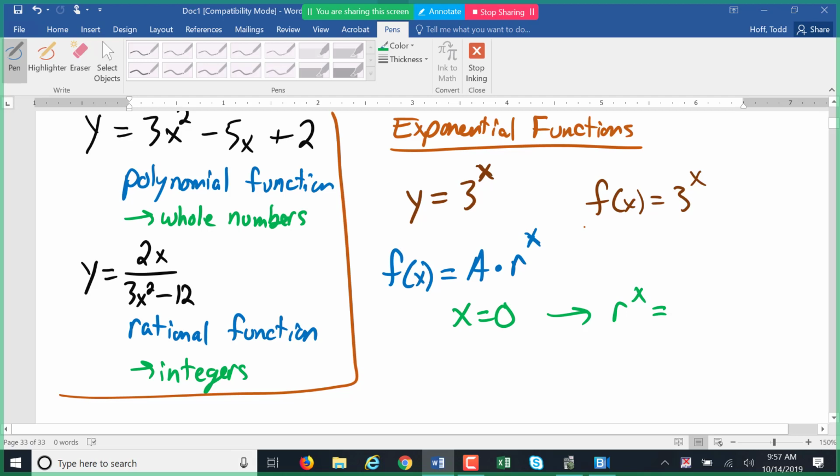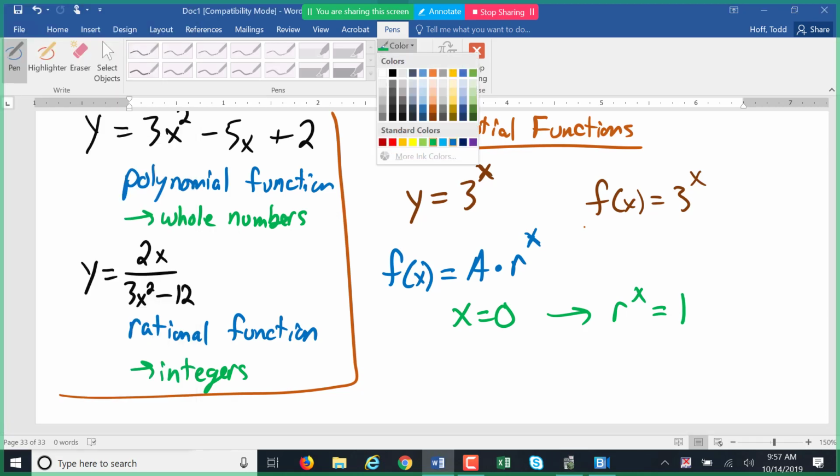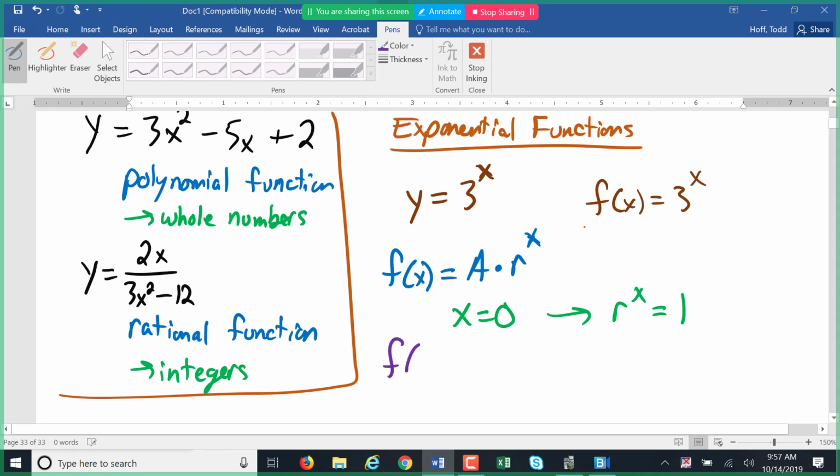No matter what r is, if it's to the power of 0, it has to equal 1, right? If you recall, anything to the power of 0, 98 to the power of 0, it's 1. 254 to the power of 0, I get 1. Even if it's a negative number, negative 38 to the power of 0, I get 1. So anytime x equals 0, the value of that function is a.